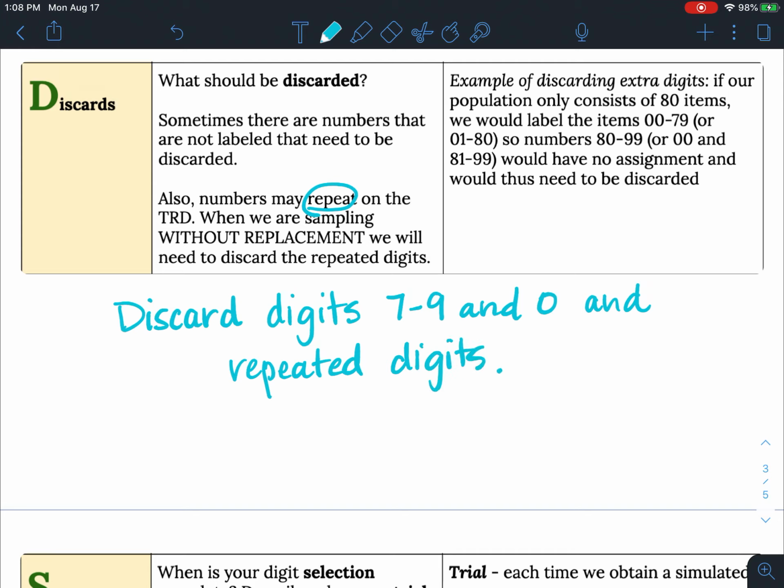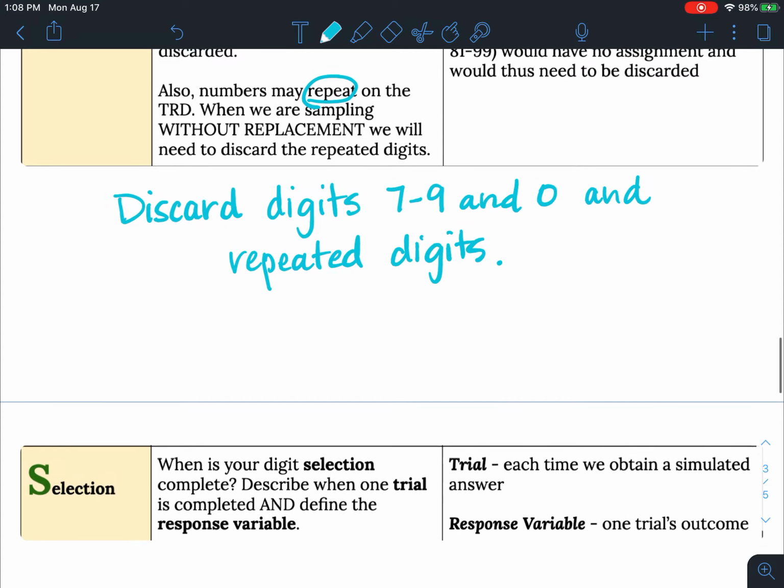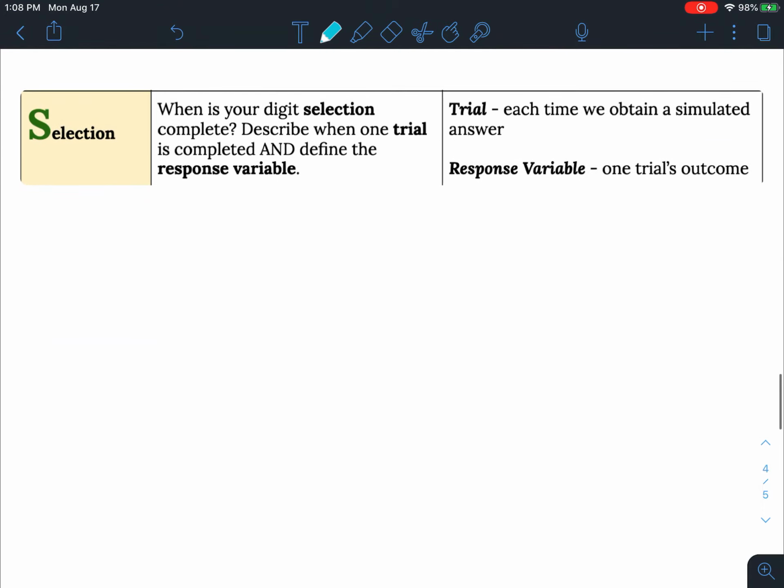Okay, so far we've got 3 sentences, and we're down to our last sentence. S, selection. So when is our digit selection complete? Basically, when is a trial done? When is a trial finished?